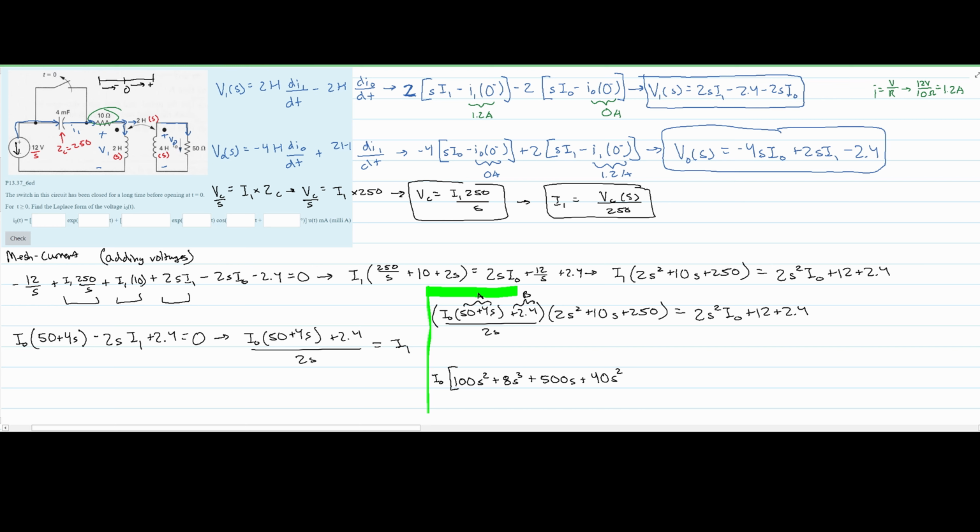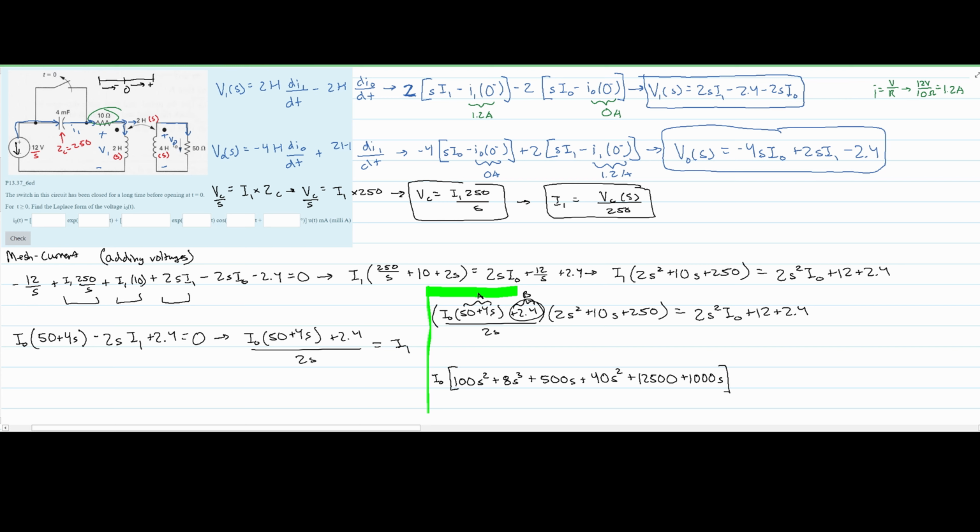Next we have this 250, and 250 times 50 is going to be a plus 12,500. We have this 4s, and 250 times 4 is 1,000, so we're going to have plus 1,000s. And so that's it for our I0.